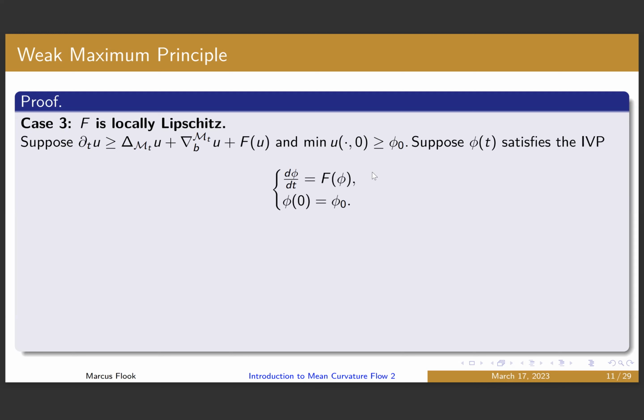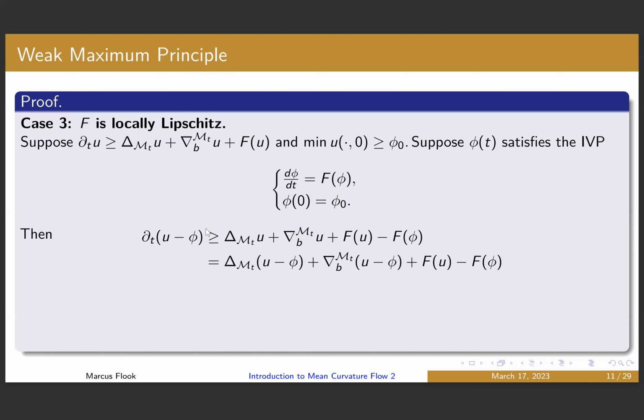Now, in this case, what we're going to arrive at when we find the time derivative of u minus phi, this is greater than or equal to just the super solution component of partial u minus the time derivative of the phi function, which is obviously going to be f of phi. Now, as before, I can put the phi function back into the spatial derivatives because this phi function is just a time-dependent function.